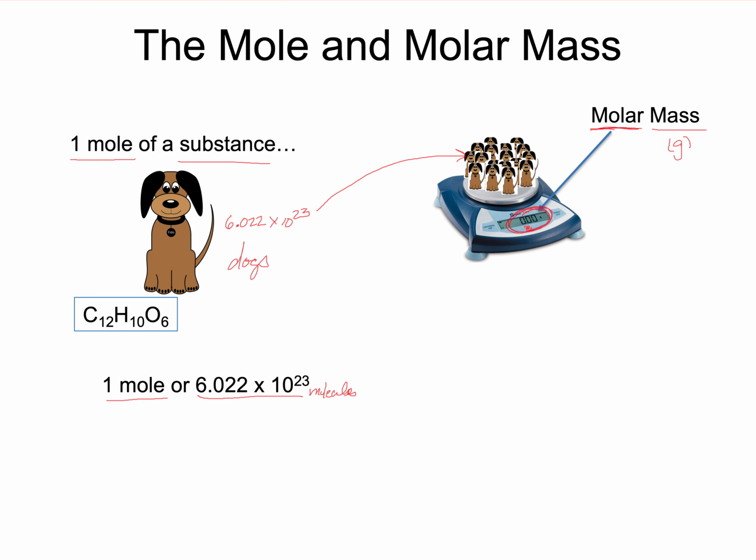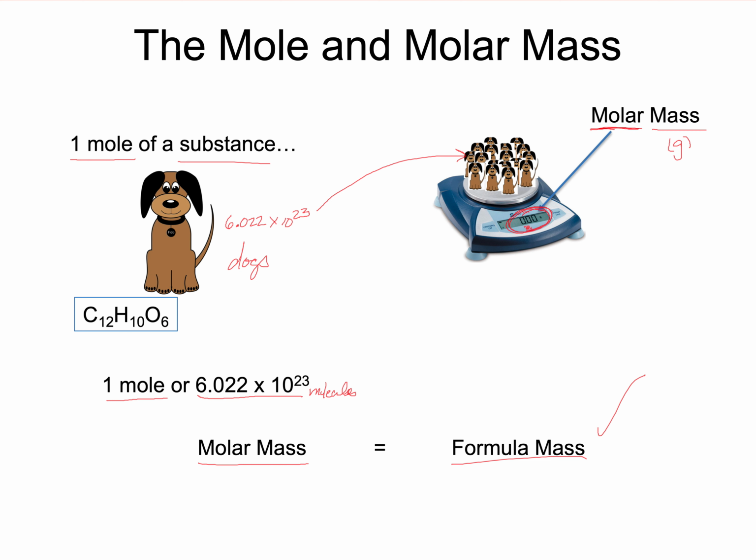What will that be in molar mass? Well, it turns out a really neat thing happens: the molar mass ends up being equivalent to the formula mass, which, yay, we already know how to calculate. This is based off the atomic mass units from the periodic table.